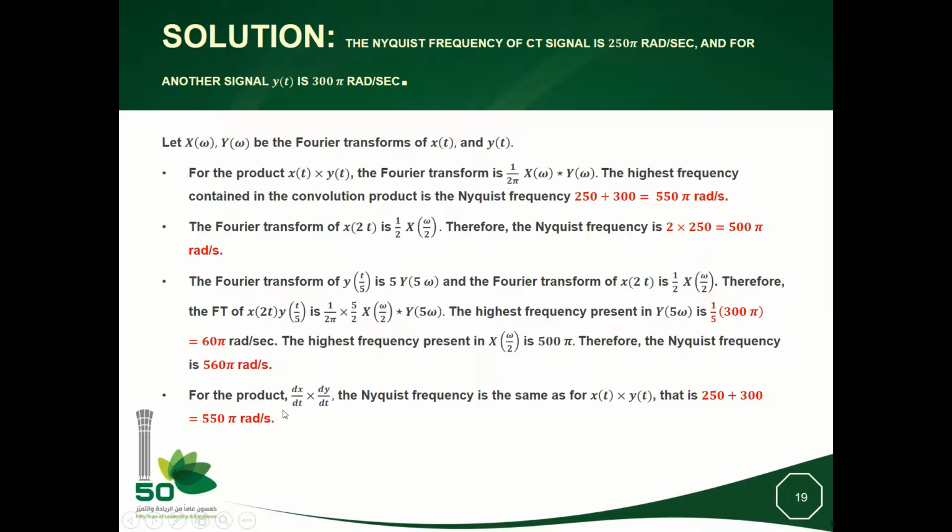It is the same spectrum as X(ω), and the same for dy/dt. So this item is exactly the same answer as the first item, which is the sum of the two frequencies, which gives 550π rad per second.